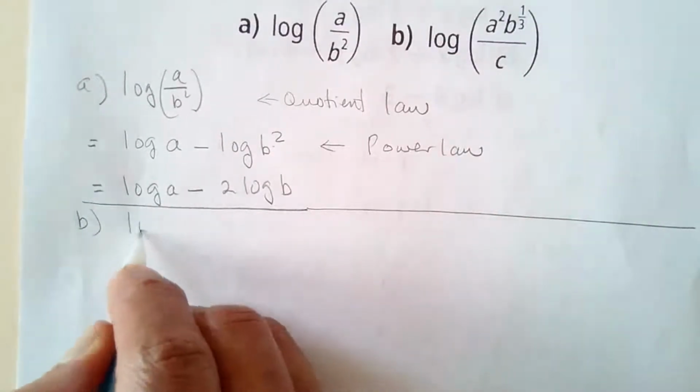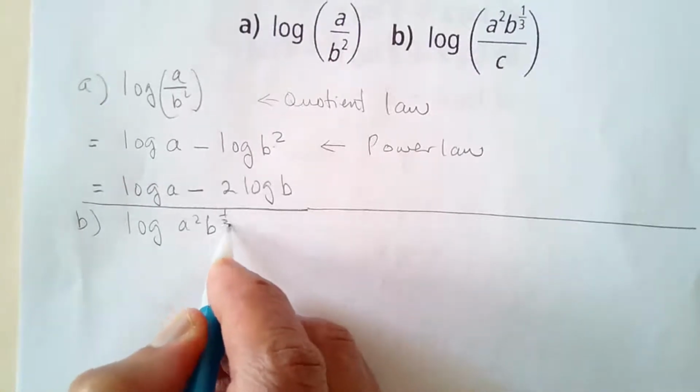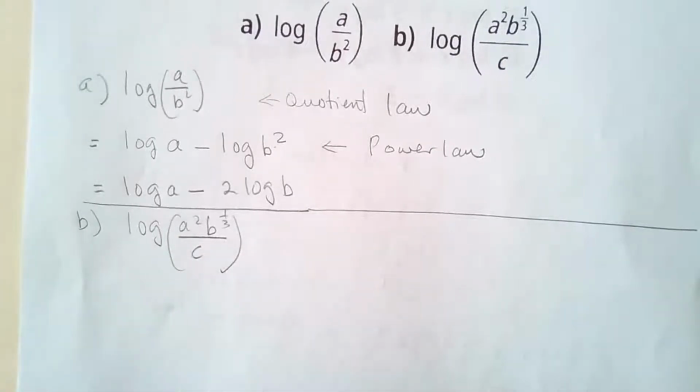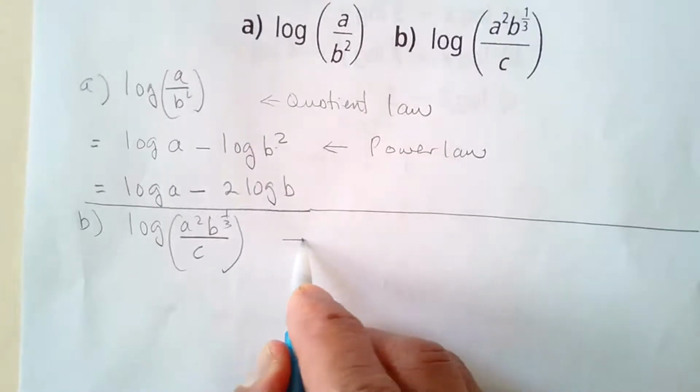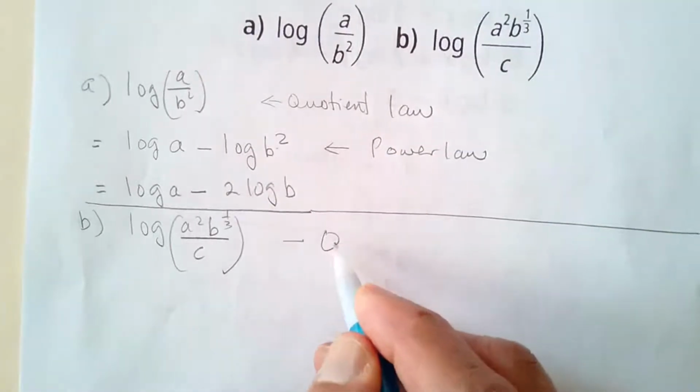B, we have log of A squared B to the 1/3 over C. Again, here we'll use the quotient law.